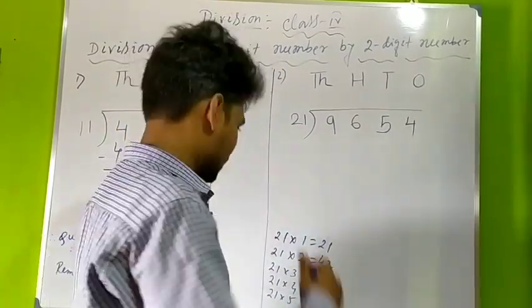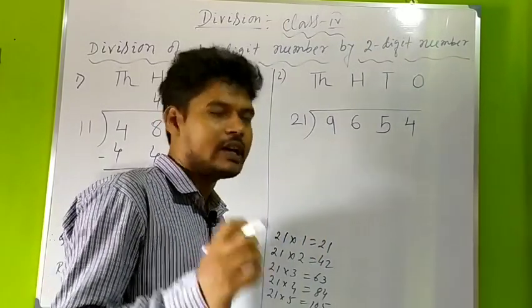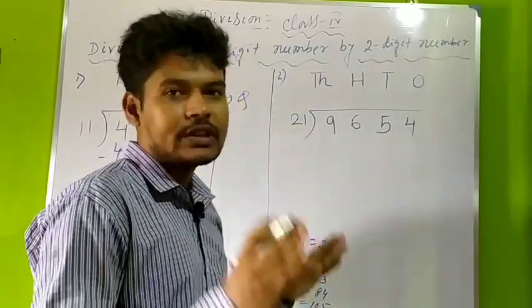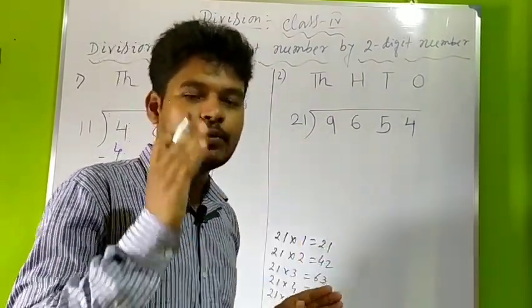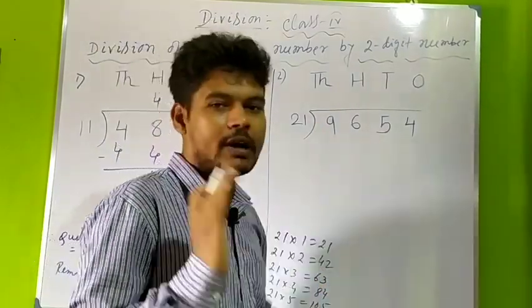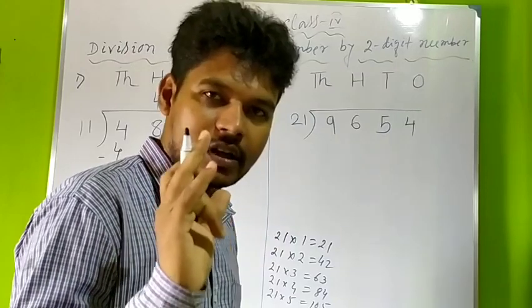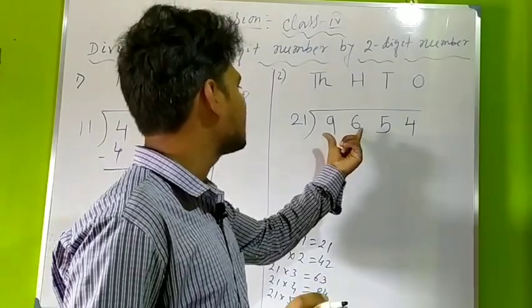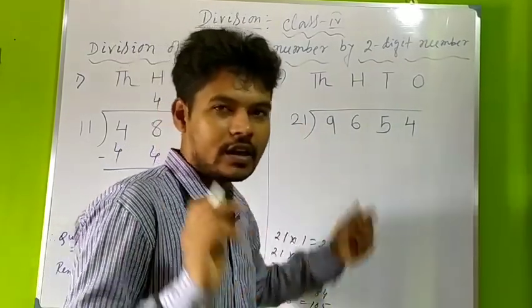I am not repeating the same thing: when you start the division you have to check that the dividend digit must be greater than the divisor. That means the value of the dividend part must be greater than the divisor.